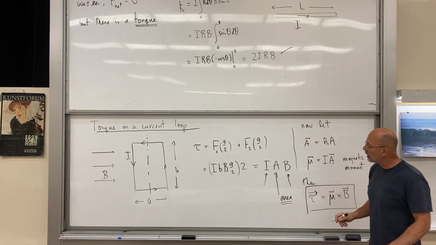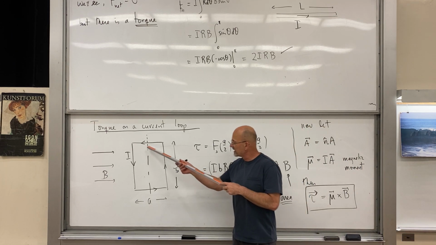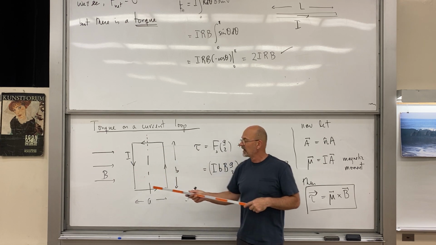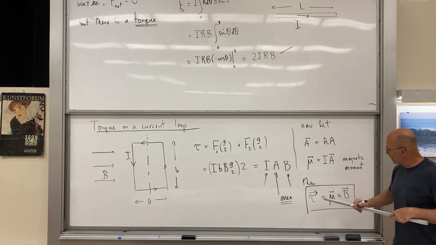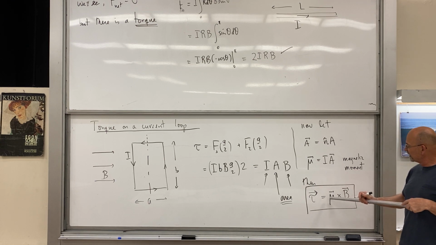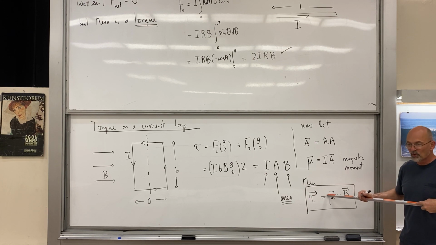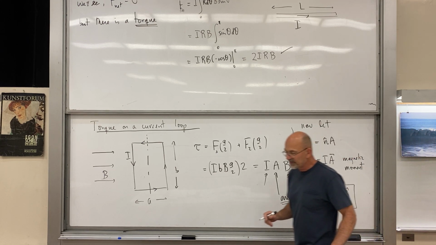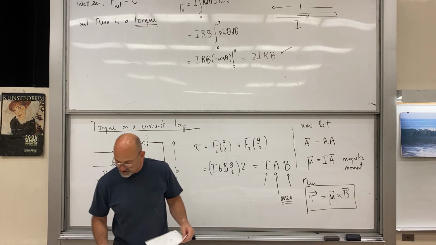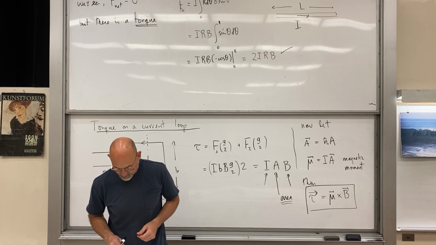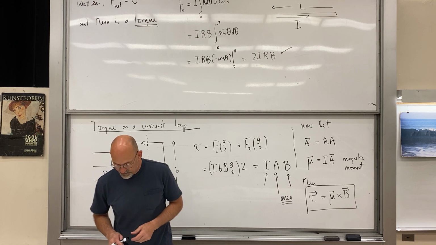Now this is just for one turn, but if you ever look at any devices and coils, you see they have many turns, and having done this once, it just suffices to multiply this expression, the right side, by the number of turns, and we just get greater and greater torque proportionate to the number of turns. So I'll put that down as our finished expression here.